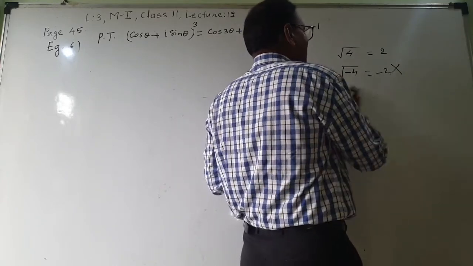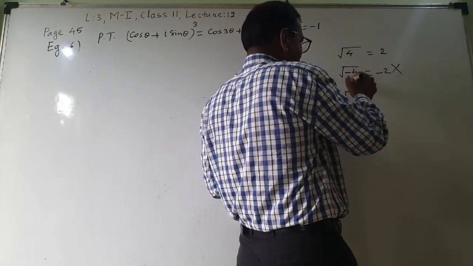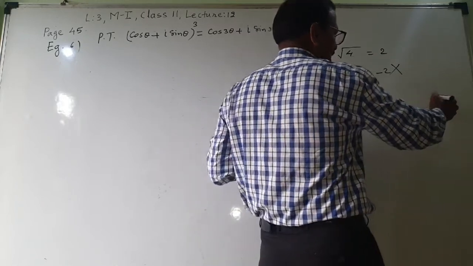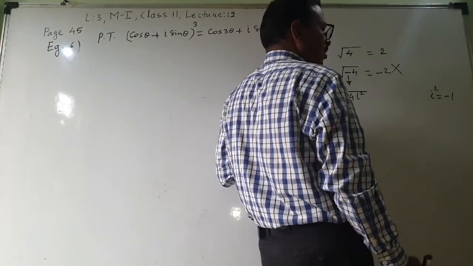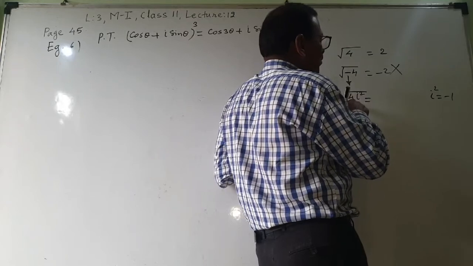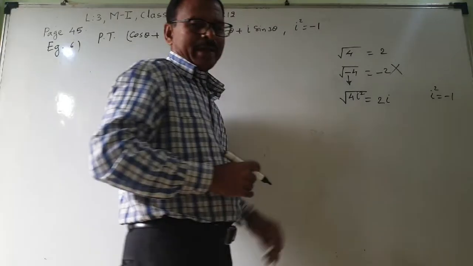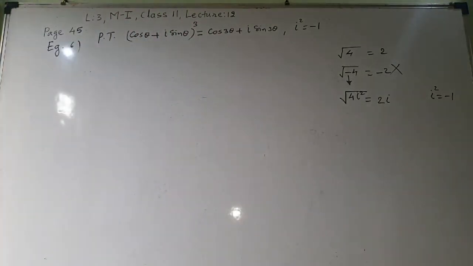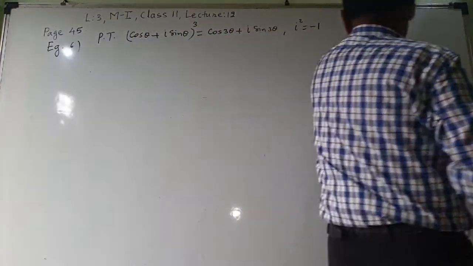So what is done is, this is written as 4 i square, where i square is equal to minus 1. That is equal to, now the root is possible, root of 4 is 2 and root of i square is i. So 2i. That is what this i is. Okay, now you have understood this.